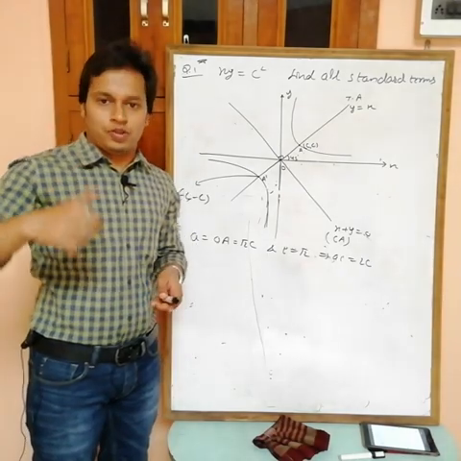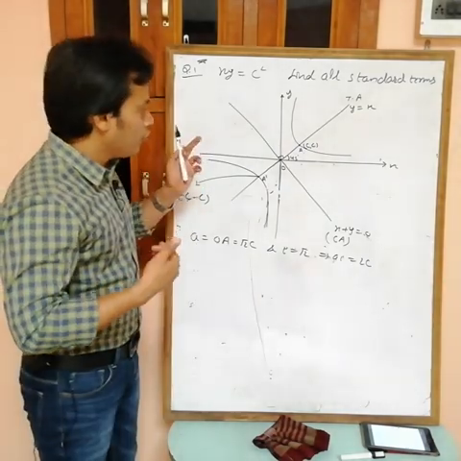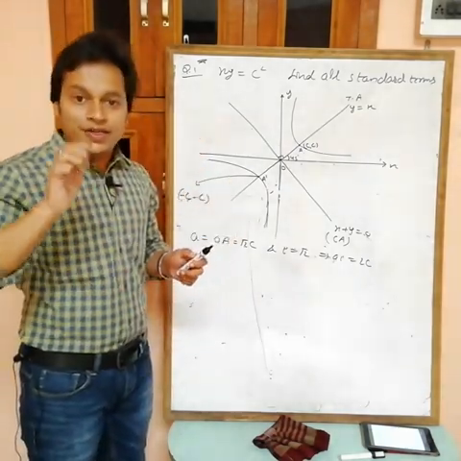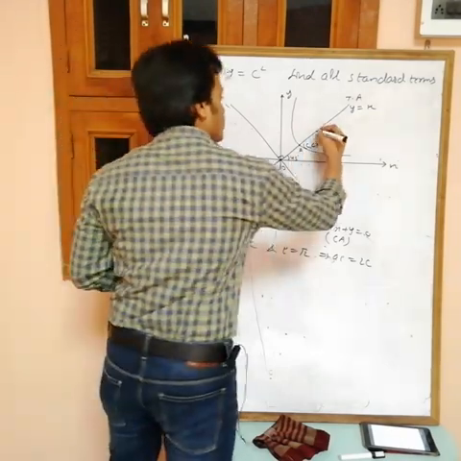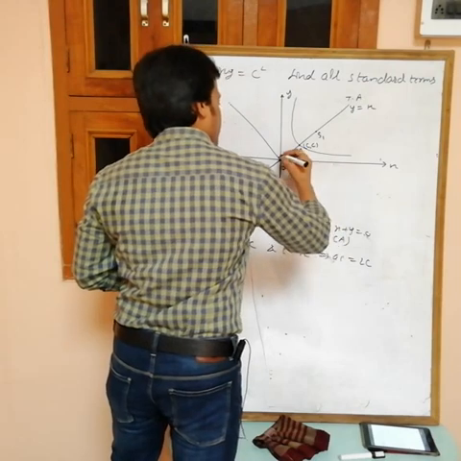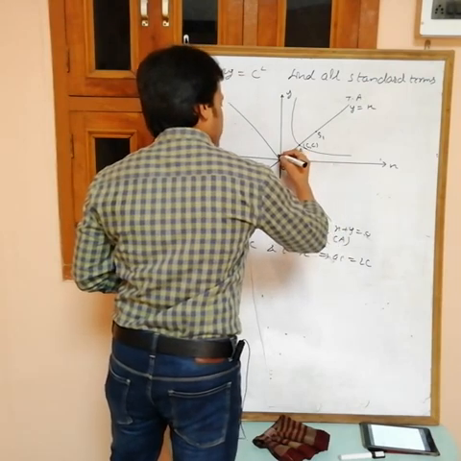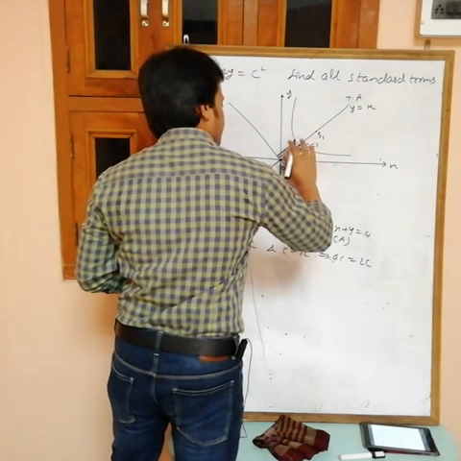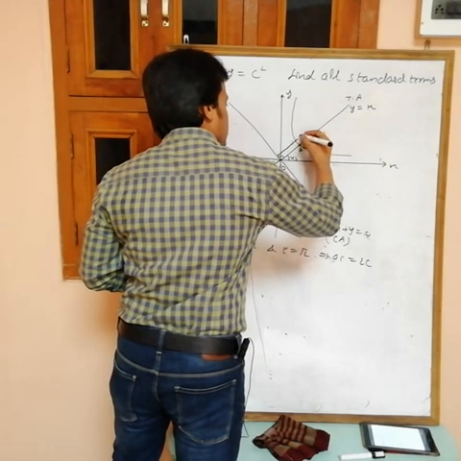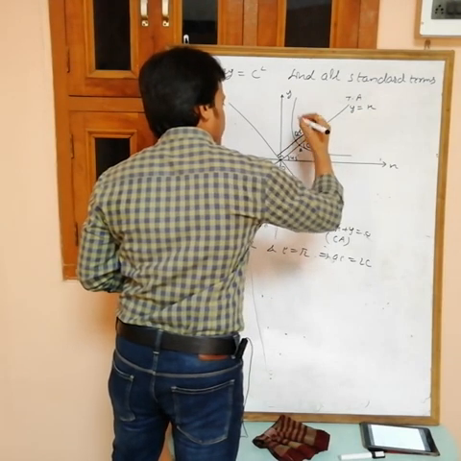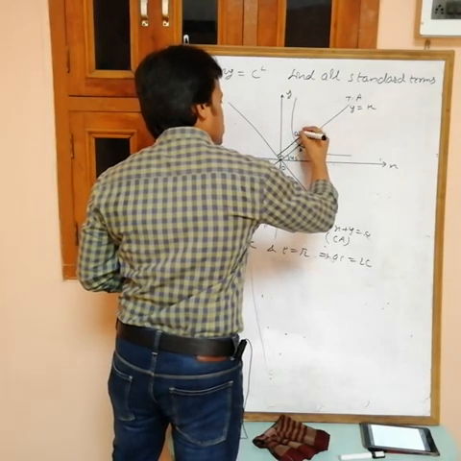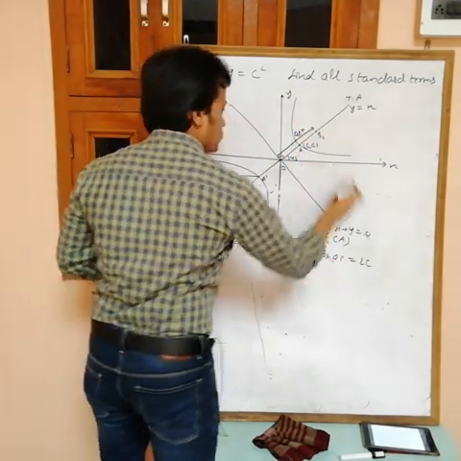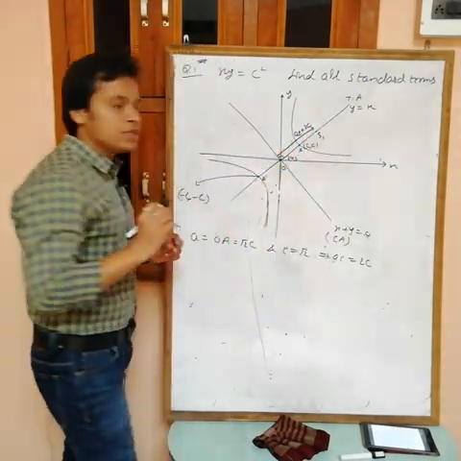Why am I finding ae? Because to find the coordinates of the focus, we know that the distance of the focus from the center is equal to ae. Suppose this is the focus S1, then OS1 is equal to ae, which is 2c.